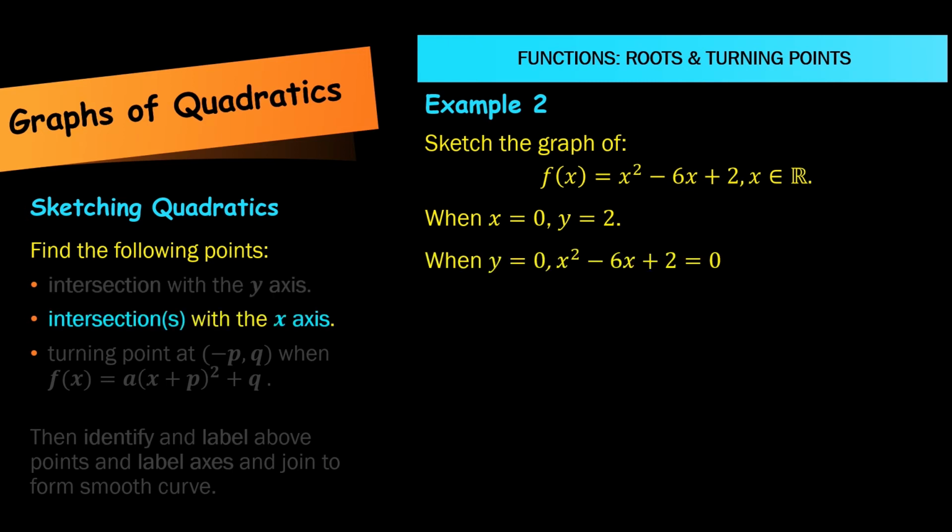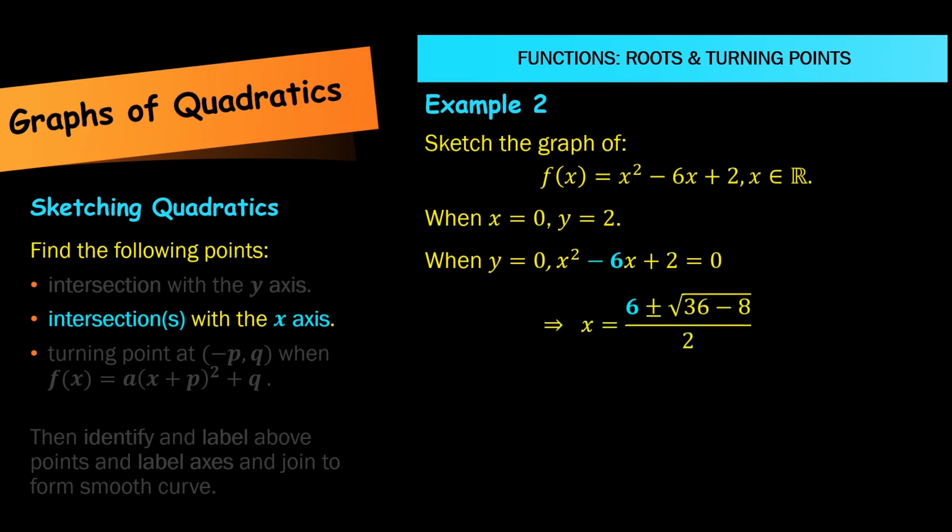Now let's find the intersection or intersections with the x-axis. This time we put y equal to 0 or f of x equal to 0. This gives us a quadratic in the form x squared minus 6x plus 2 equals 0. And we simply use the quadratic formula in order to solve for x.